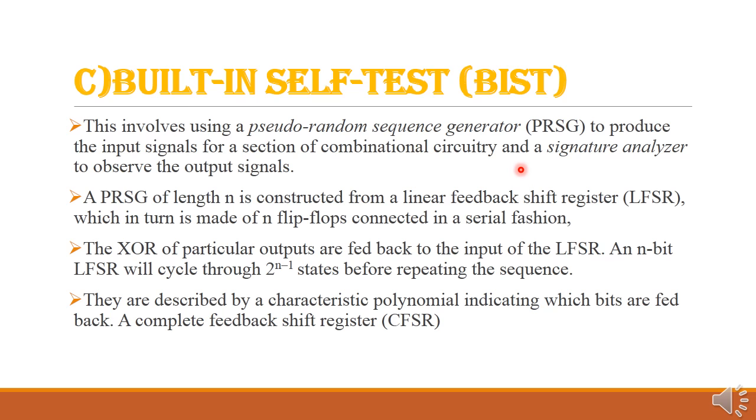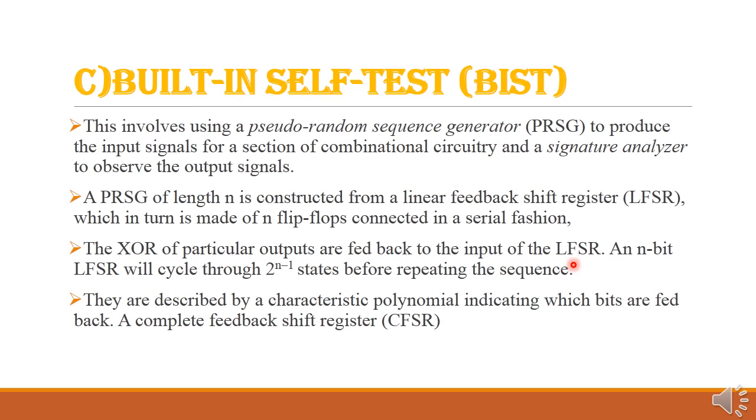This PRSG, that is the pseudo-random sequence generator of length n, is constructed from a linear feedback shift register, that is LFSR, which in turn is made up of n flip-flops connected in a serial fashion. The XOR of particular outputs is fed back to the input of the LFSR.